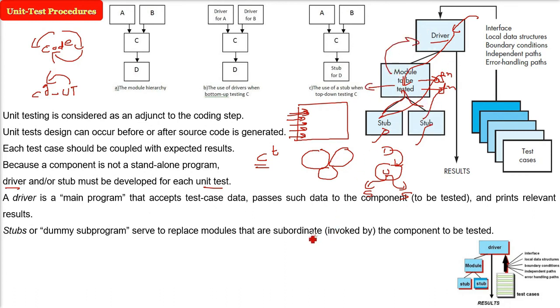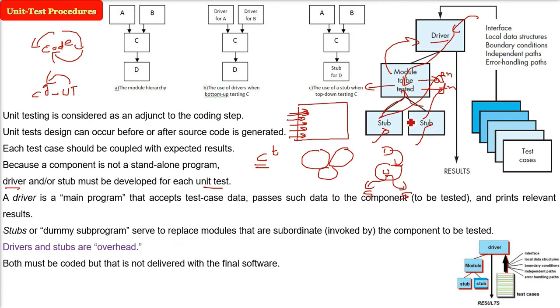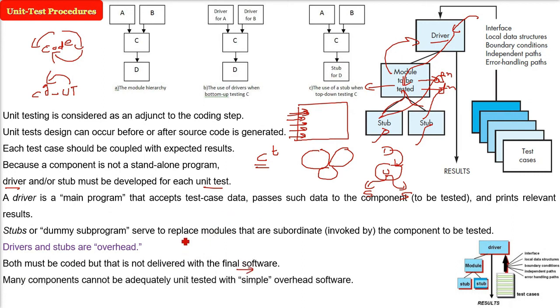So the driver and stub are very important, and these are overheads because they are not doing any other work, but you write them in order to check a unit, a component or a module. Both must be coded for the unit test, but you need to remove them before delivering the software. Many components you may not be able to unit test, because making the overheads, driver and stub, is not so easy. You don't want to make them either.